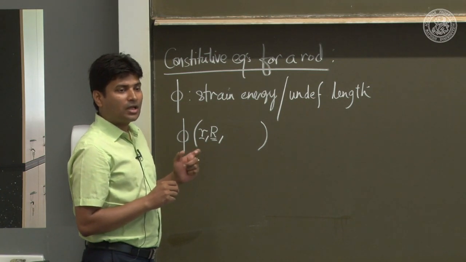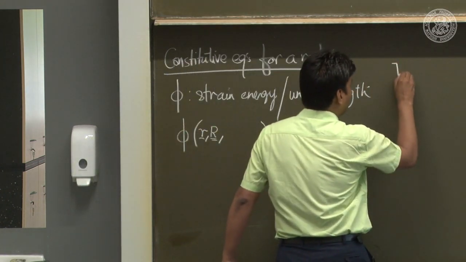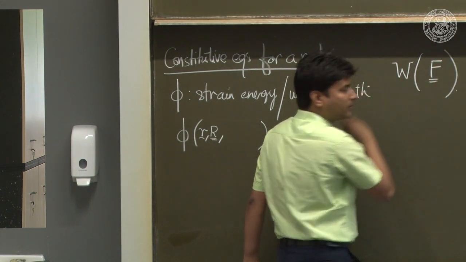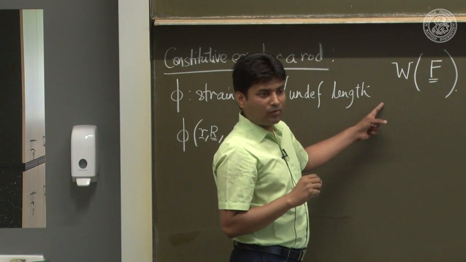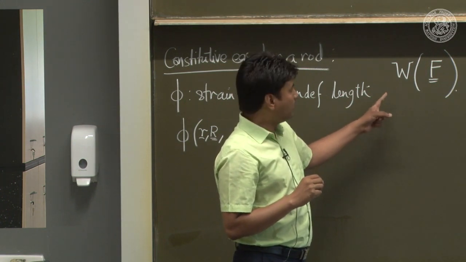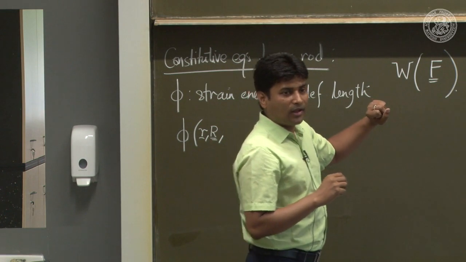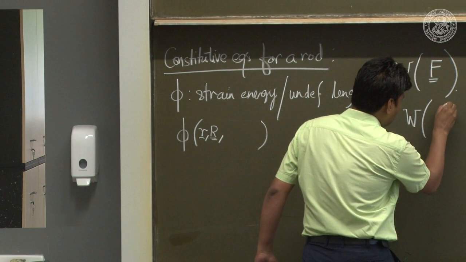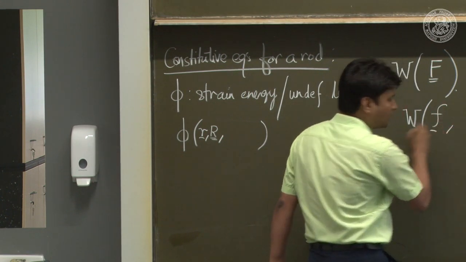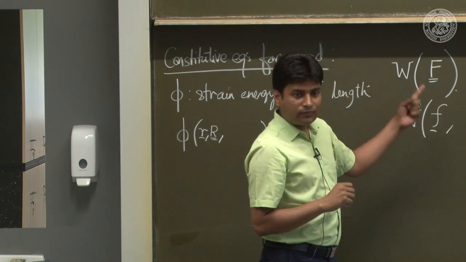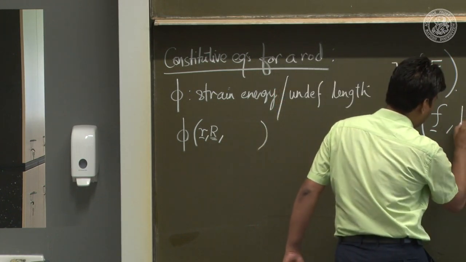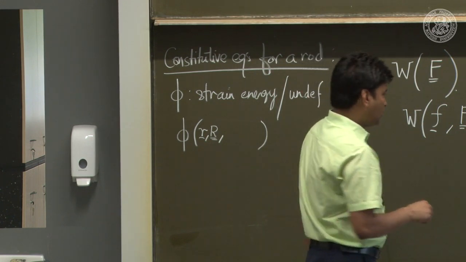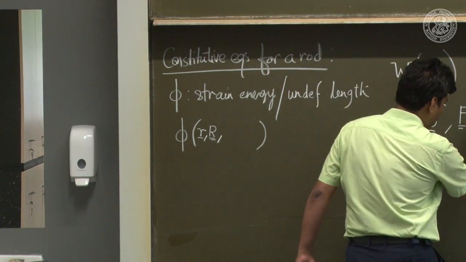Now, just as in 3D elasticity, why do we say that W, the strain energy per unit undeformed volume, depends on F? Why does it depend on the deformation gradient? Over there the kinematic variables are your deformation map little f and then its first gradient, which is your big F. You could have also taken the higher gradient.